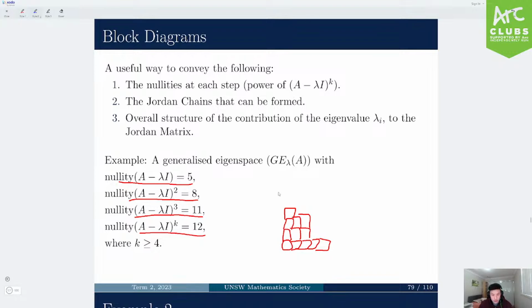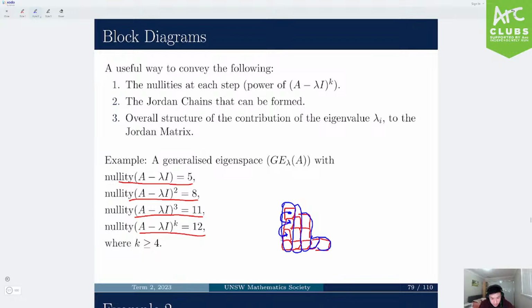And essentially our Jordan chains now become these vertical columns. That's bad drawing, but that's the first Jordan chain, that's the second Jordan chain, that's the third Jordan chain, that's the fourth, and there's going to be a fifth Jordan chain. Exactly, you want to start with a vector in this top block here and start chaining your way downwards.